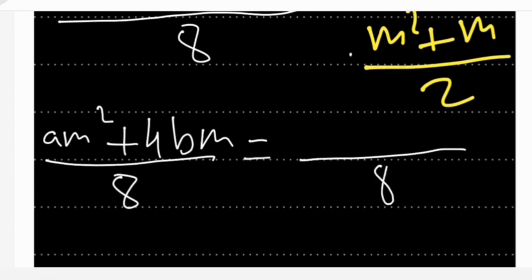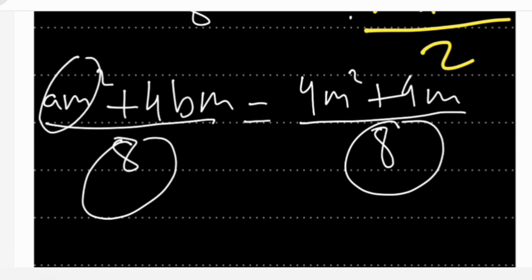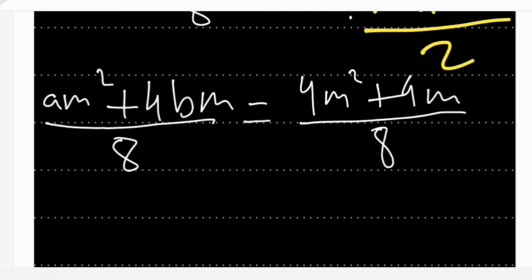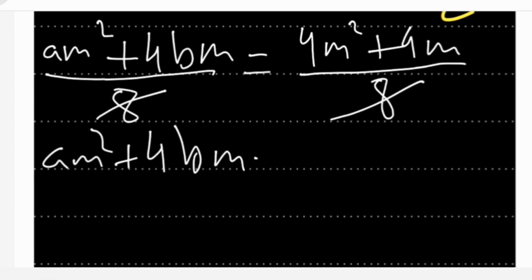So 8 and 8 cancel, and we have a m squared plus 4 b m equal to 4 m squared plus 4 m.